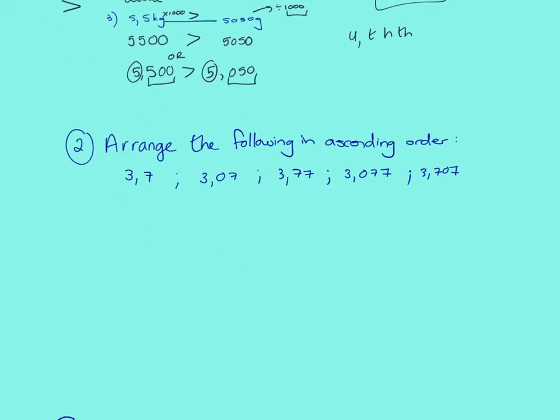Then the next lot, arrange the following in ascending order. So ascending is smallest to biggest. Ascending is going upwards. So now, the best thing is just to line up all your decimals exactly in line. Again, some of you can just see this a little bit more easily than others, so you don't have to do all the working out if you can see it.